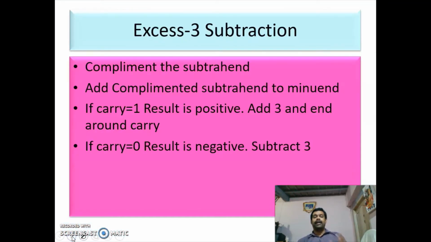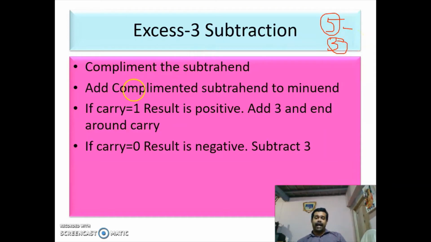Next, XS3 subtraction. We have to complement the subtrahend. If we are subtracting 5 minus 3, the 5 is called the minuend and 3 is called the subtrahend. In XS3 subtraction, first we have to complement this subtrahend.